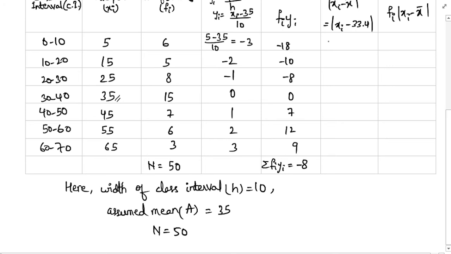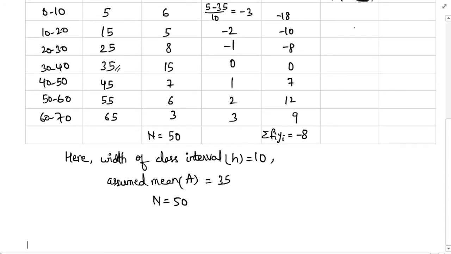Okay, and this one xi minus x bar we have to find. So how did I get this 33.4? I'll show you. Okay, so for that, here n is equal to 50, so mean, that is x bar, is equal to a plus summation of fi yi divided by n into h, right?